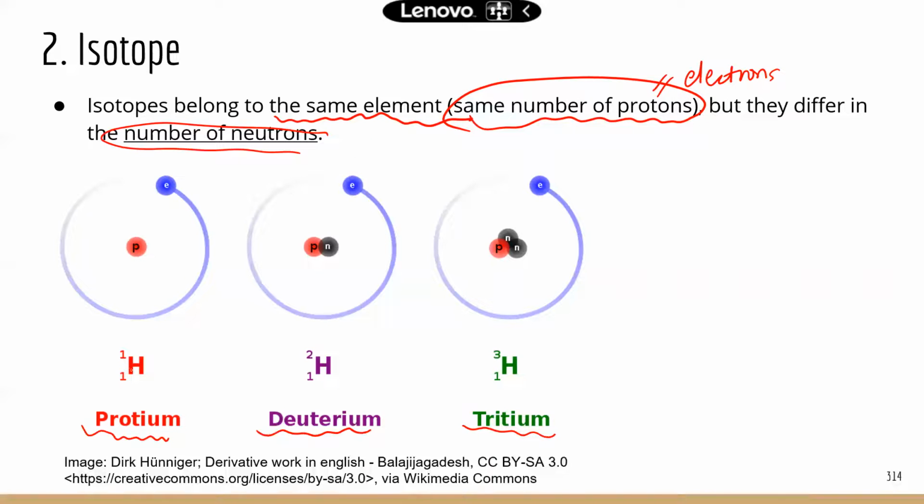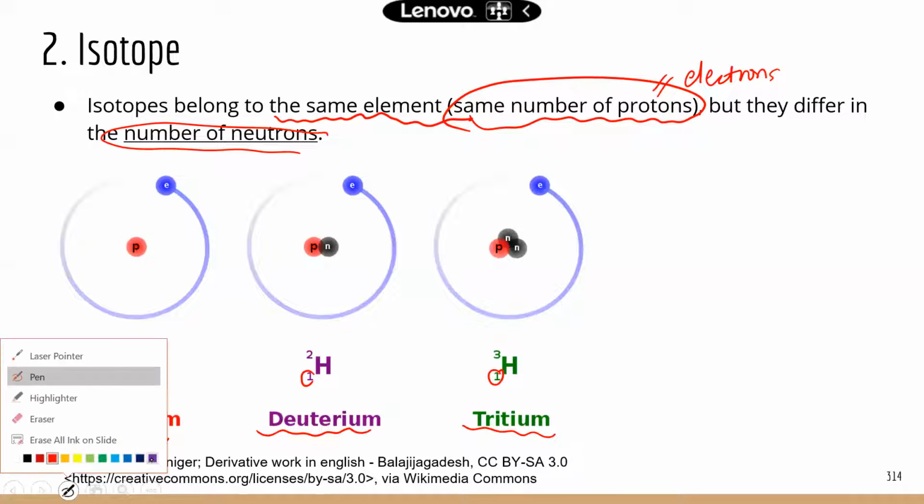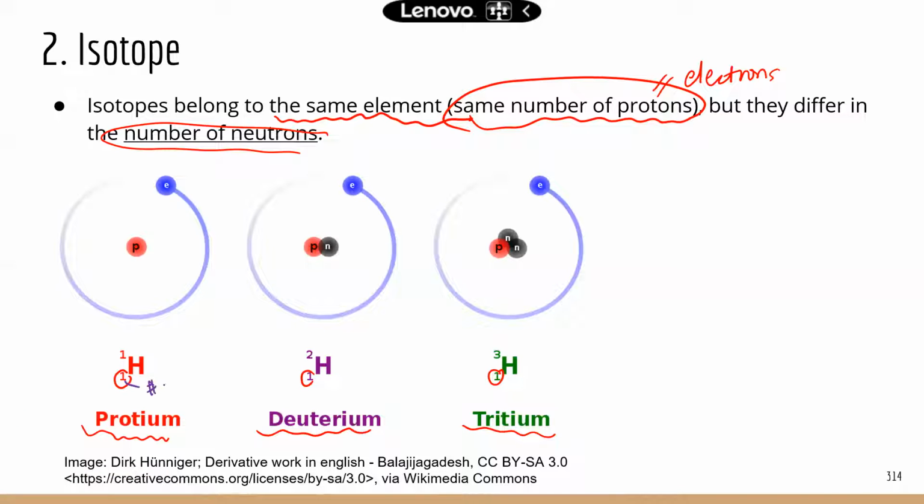Over here, the number on the lower part indicates the number of protons. And here, you can see they all have a number of 1, right? All the hydrogen isotopes have 1 proton, but the number here differs: 1, 2, and 3.